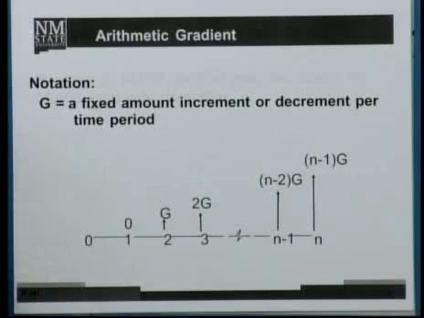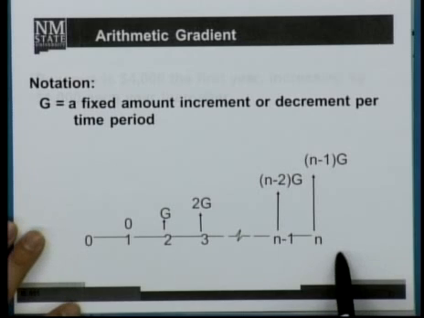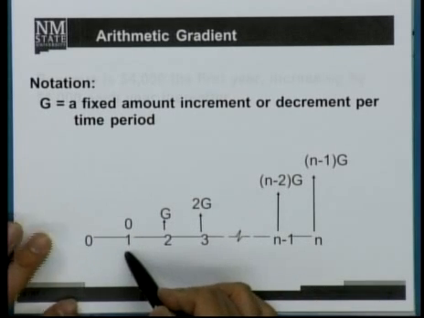Okay, let's go back to this cash flow diagram for the arithmetic gradient because it's very important. If you look at the arithmetic gradient carefully, they have cash flow of 0 at the end of the first period.